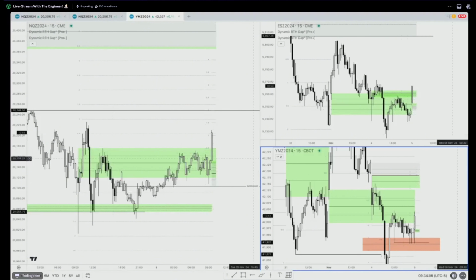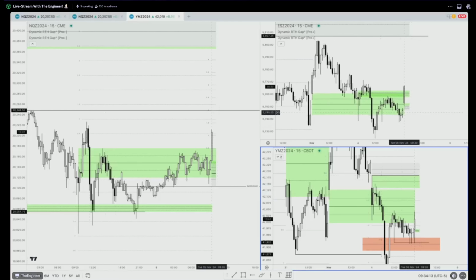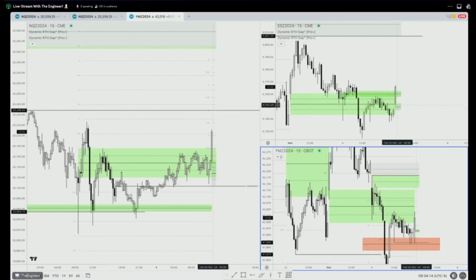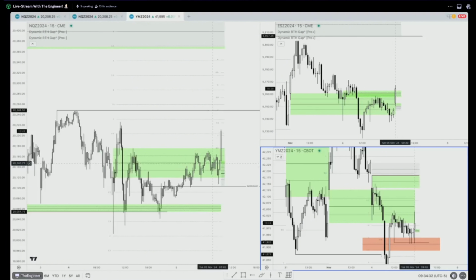By now, I know that Nasdaq is the strongest one. Why? It has reached the lower portion, the 25% of the gap. Nasdaq didn't. The gap was fully rebalanced on Dow. So for an intermarket analysis using gap theory, now you know that Nasdaq is going to be the strongest today.